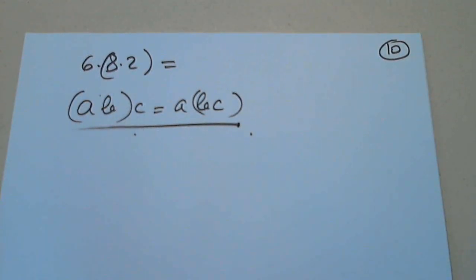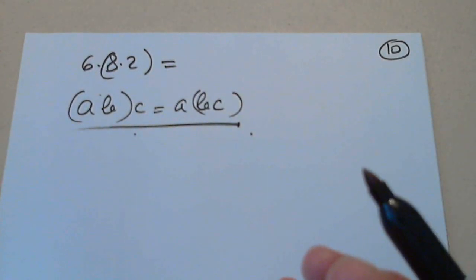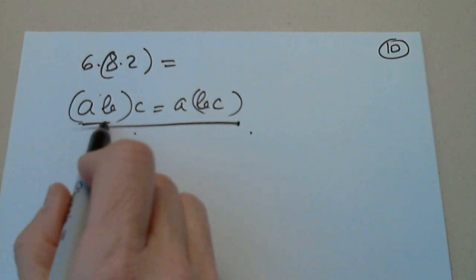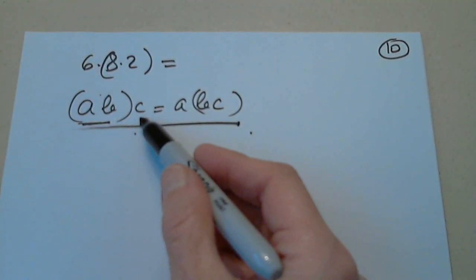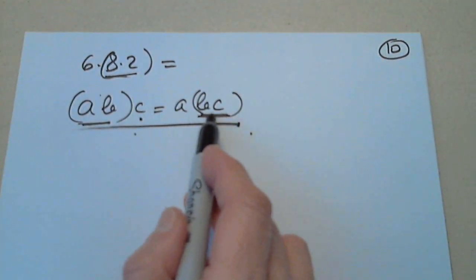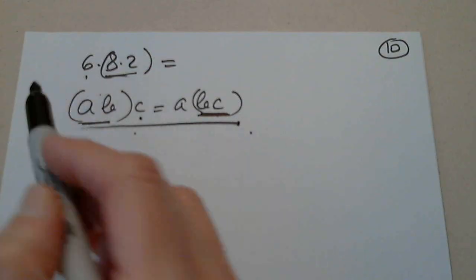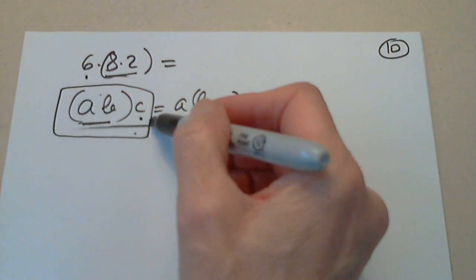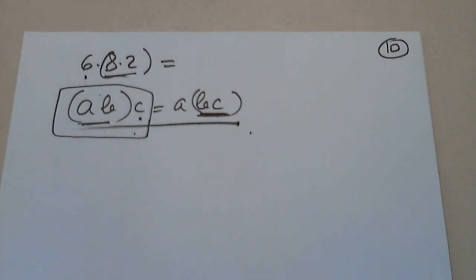It's just to show what it equals to, but not the final answer. So if we group the first two and then multiply by the third, it is the same as grouping the last two and multiplying by the first. So what I have to do is just rewrite this piece here. How do I rewrite that?